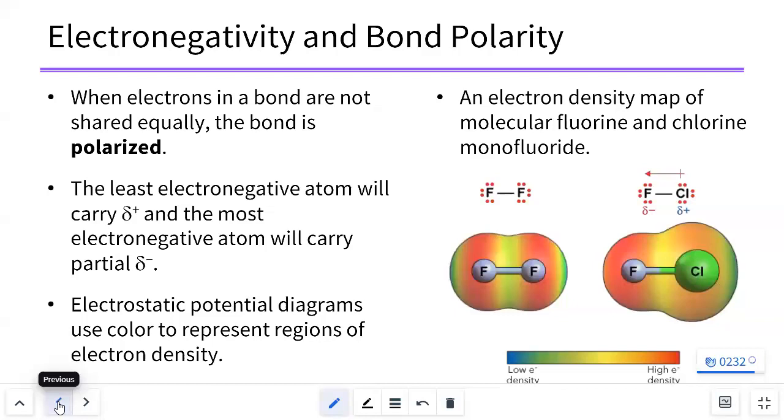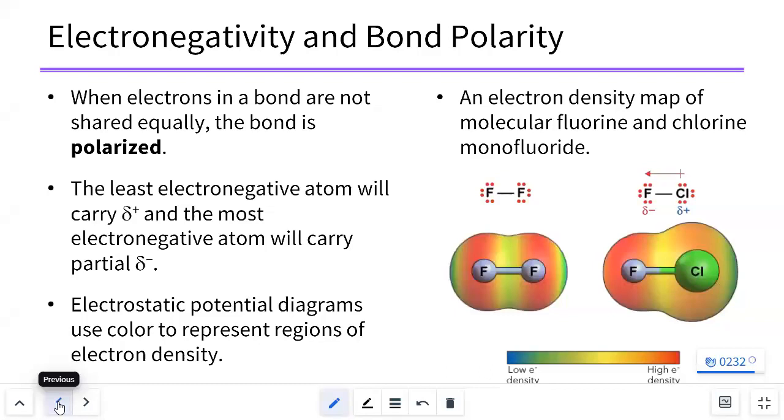The way to read these color charts is they are like temperature maps. If you see hot colors, reds and oranges, that shows that the electrons are hanging out in those locations more often. If you see cooler colors, greens and blues, that tells you the electrons are not hanging out there that much.